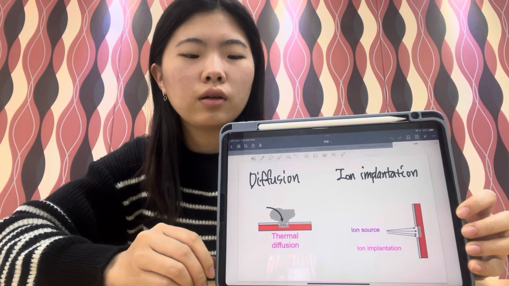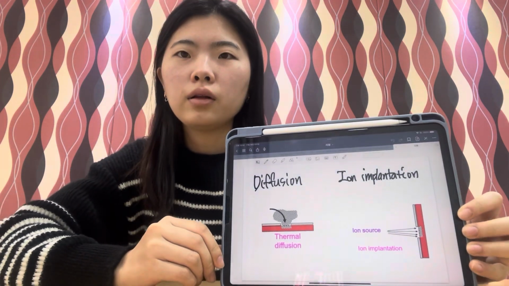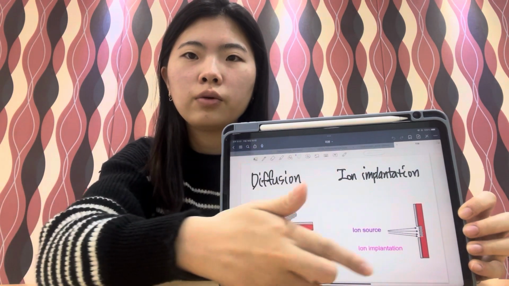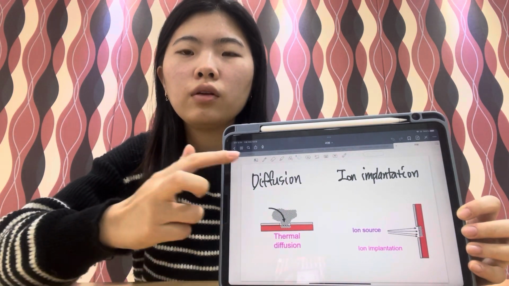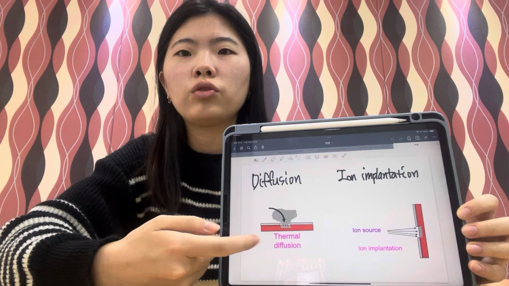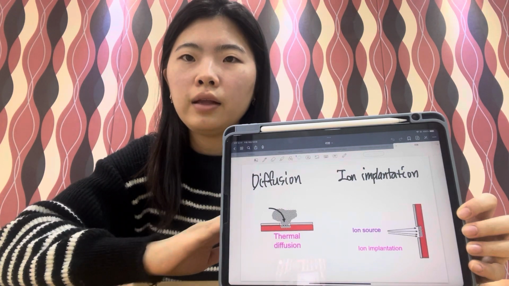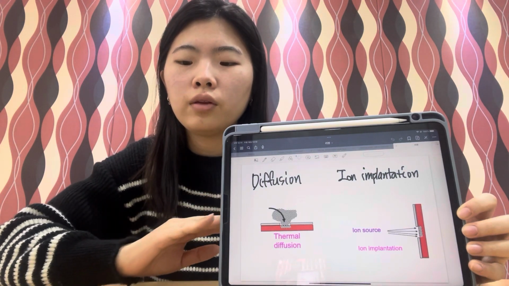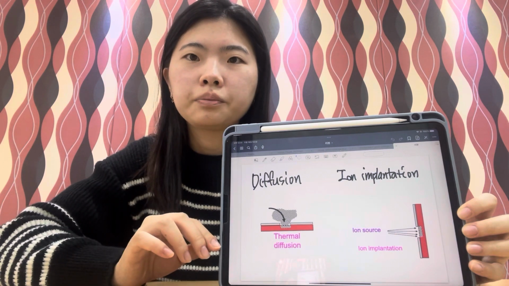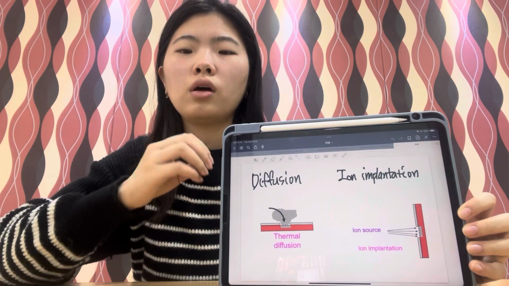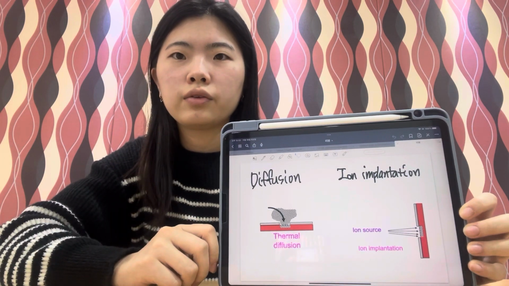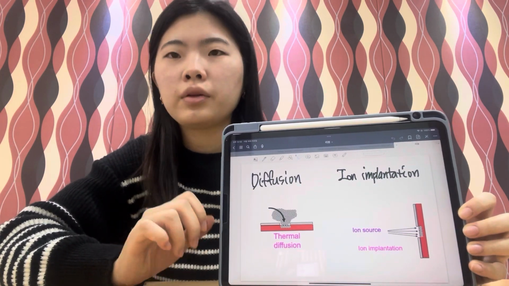So first, I will talk about the mechanism very briefly. Diffusion uses thermal diffusion. So we put some heat on every process and then use heat to drive in the ions, some materials.